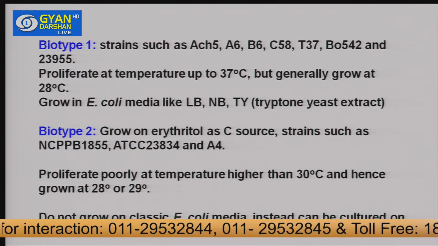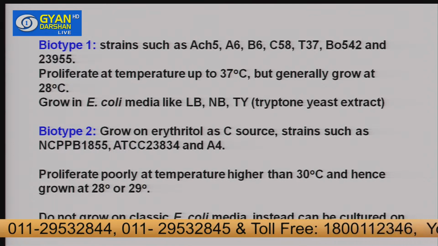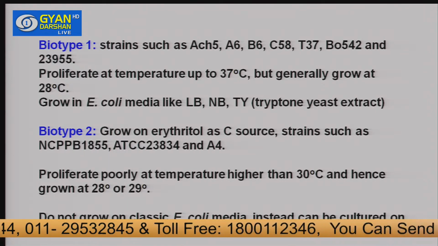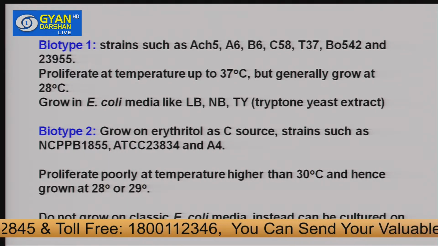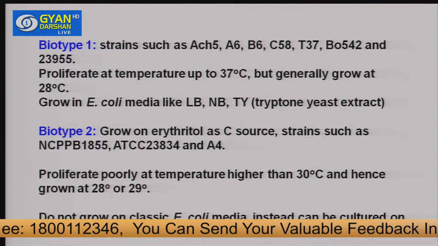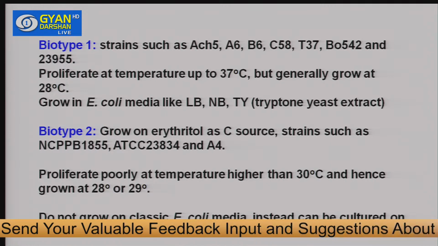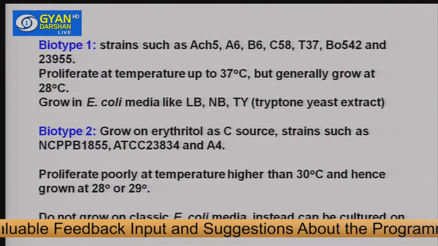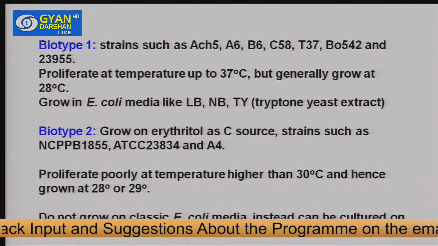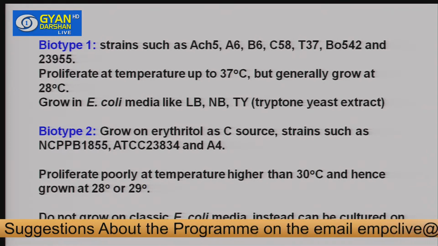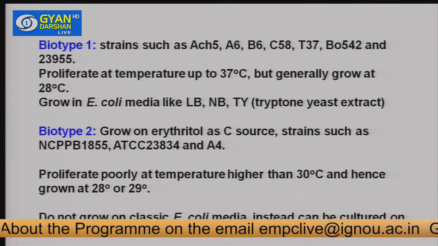So here the temperature range is much narrower, and hence it is recommended that you should grow them at 28 or 29 degrees centigrade. Minor fluctuations in temperature might arrest the growth of these kinds of strains, so you have to be very careful regarding the maintenance of proper temperature.